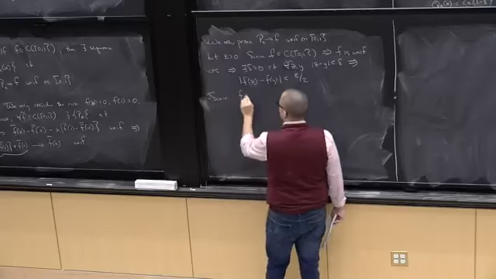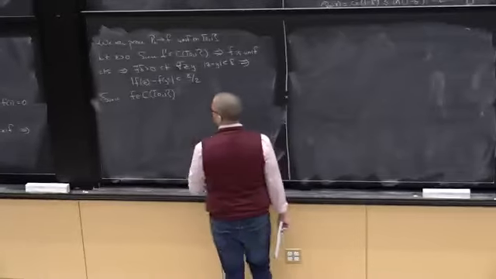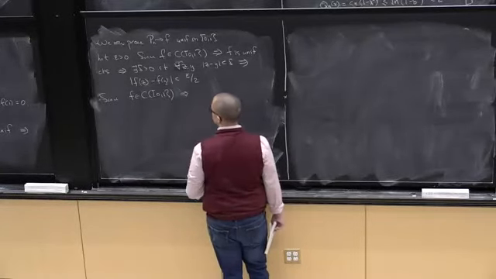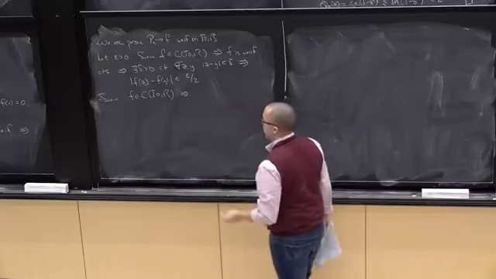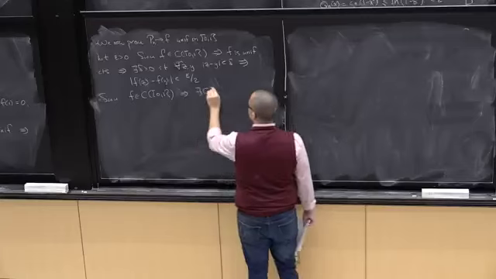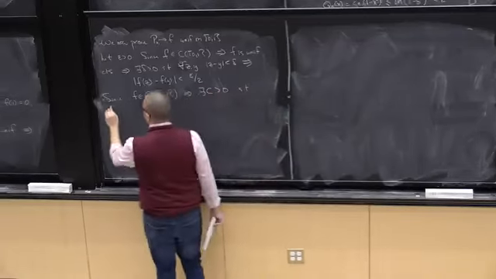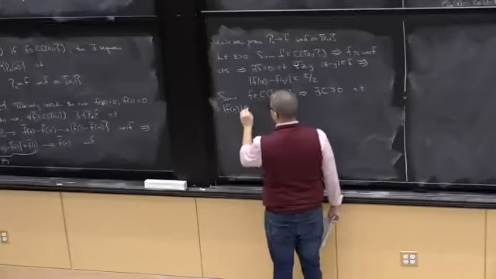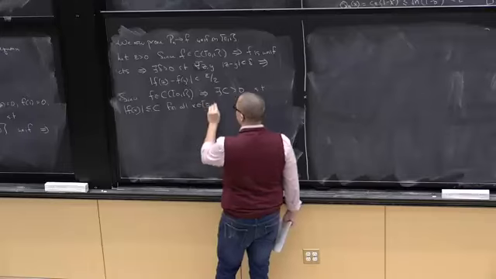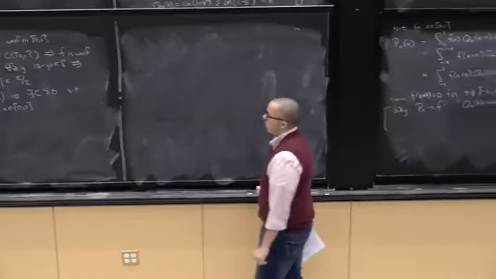Now, since f is continuous, it has a maximum on this interval. Well, I should say since f is a continuous function, it has both a max and a min on this interval, and therefore there exists some number c such that the absolute value of f of x is bounded by c for all x in [0, 1].